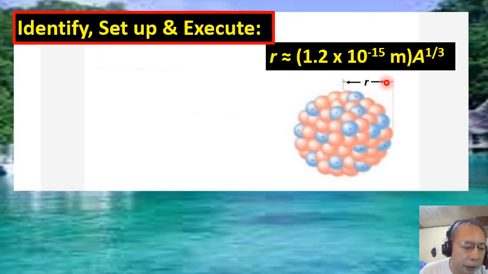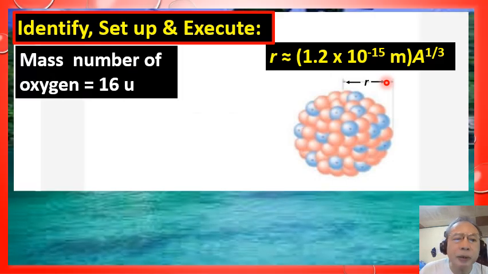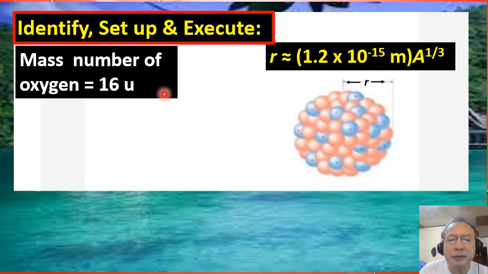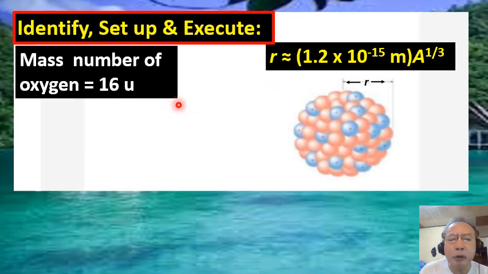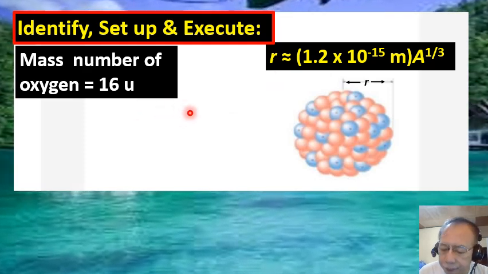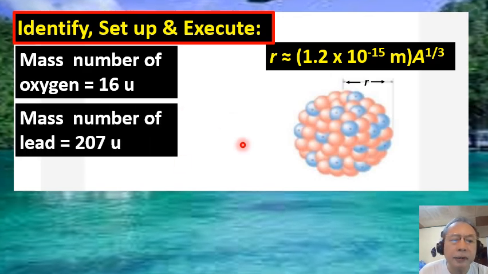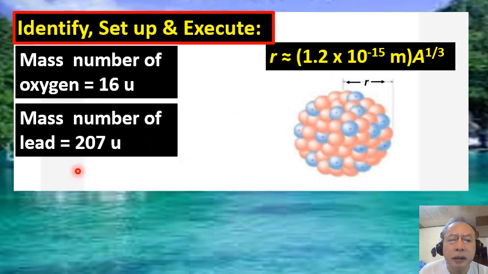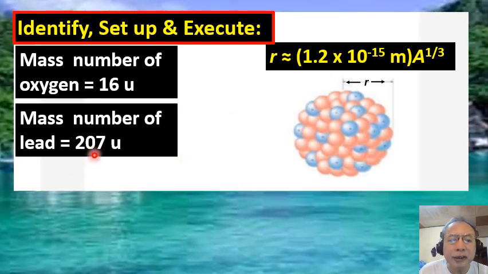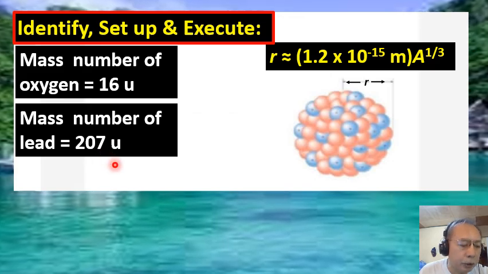We know that the mass number of oxygen is equal to 16 atomic mass unit, and that of lead is 207 atomic mass unit.